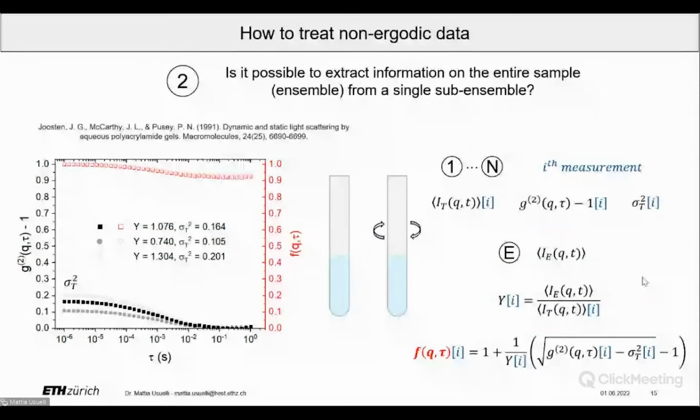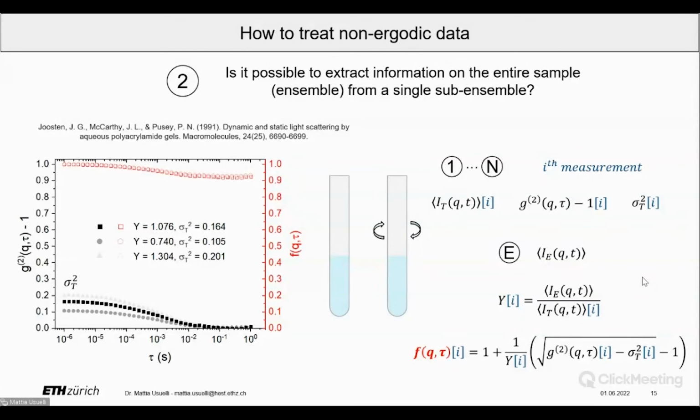So now in the graph on the left, again, you see three different measurements. Each of these is characterized by a different value of epsilon, because the ensemble average scattered intensity is always the same, but the time average scattered intensity changes for each sub-ensemble. Each has a different reduced intercept.